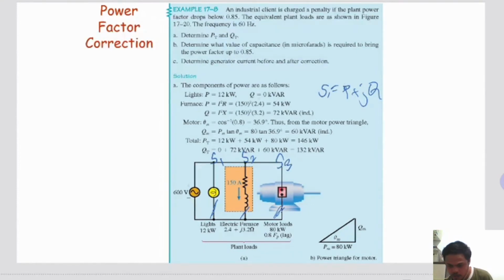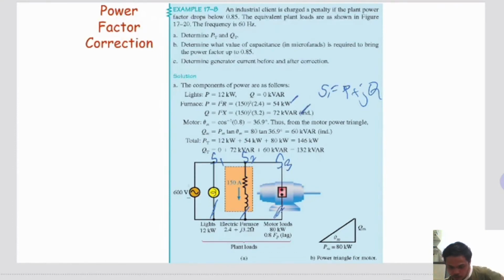Q for lighting load, you have 0 kvar since this is a resistive load. For furnace, you have the current flowing at your electric furnace is 150 ampere. So you have 54 kilowatts. For Q, you have the reactance is 3.2. So you have 72 kvar.